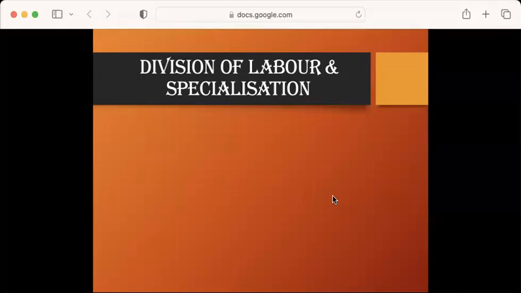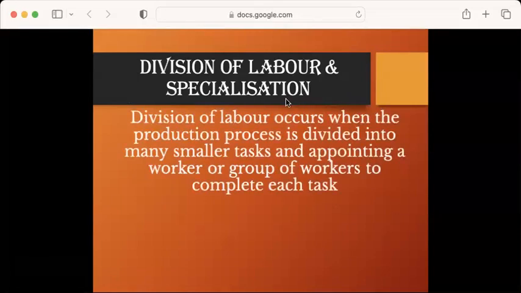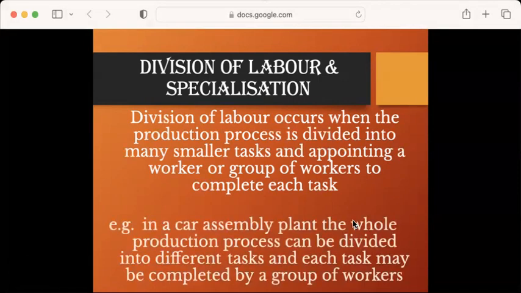Division of labor means that we get a job divided into many smaller tasks and appoint a worker or a group of workers to complete just one task out of the whole production.